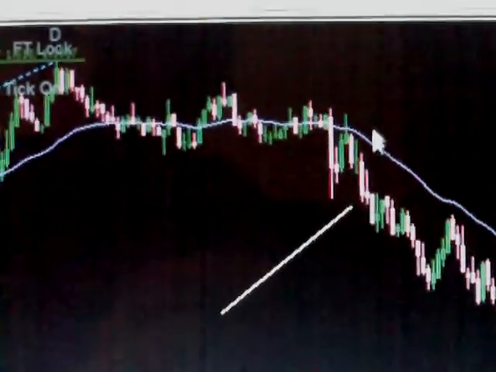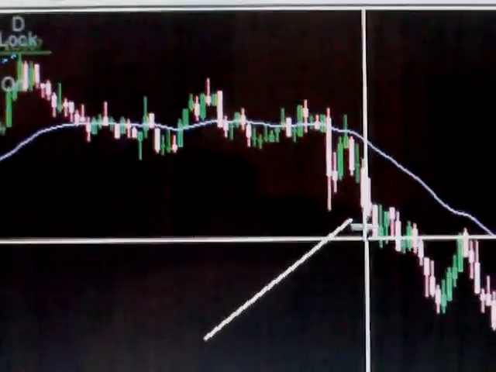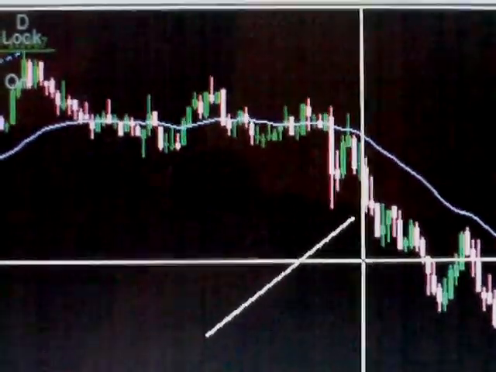This whole part here was just moving sideways until the market decided it was ready to go down, and this area coincides with the higher time frame triggers.